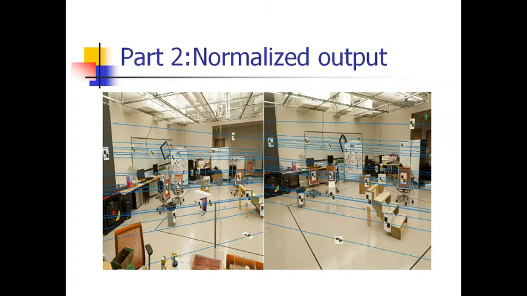So here is the result for the normalized output. We shrink all the points into a small space and calculate the fundamental transformation between the two small spaces, then transform it back to the original image, and we can get a good result.